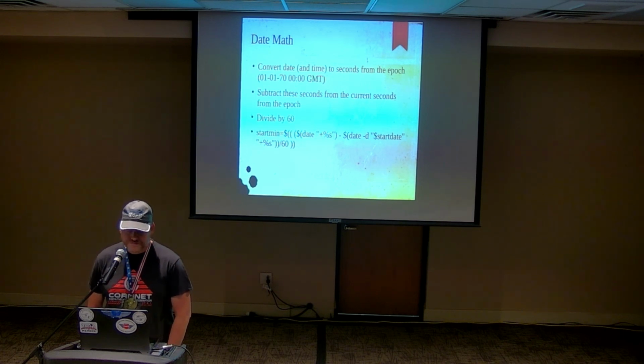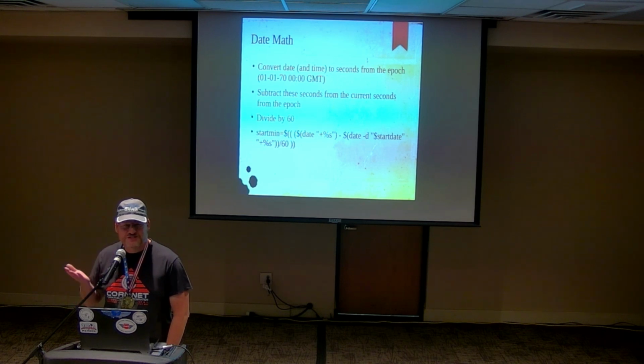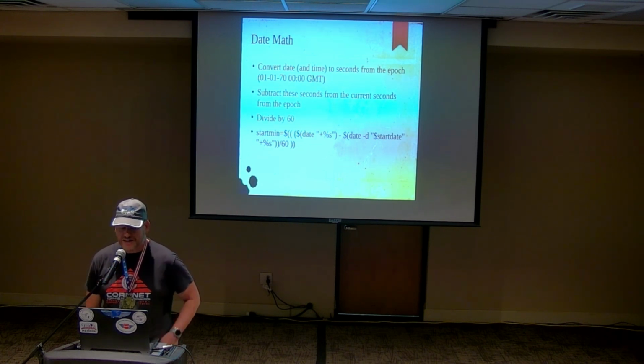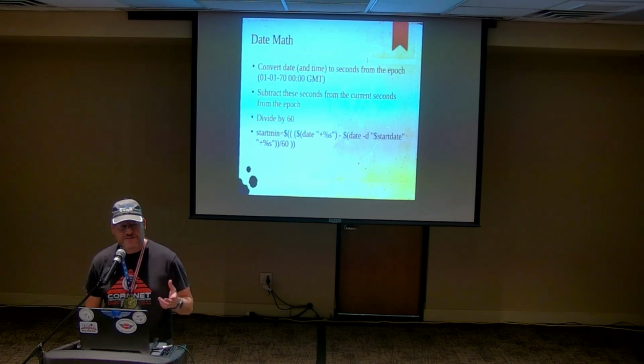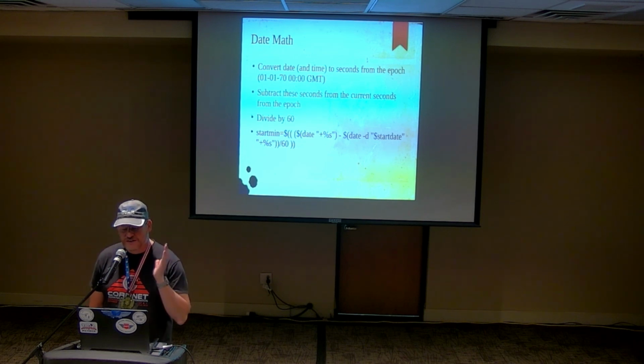So why is that date? Well, that's slightly before Unix was created, right? So we use that many seconds. So if I want to find the appropriate number of minutes, I have a date time stamp that I've been given by the user. I'm going to convert it to seconds from the epoch.